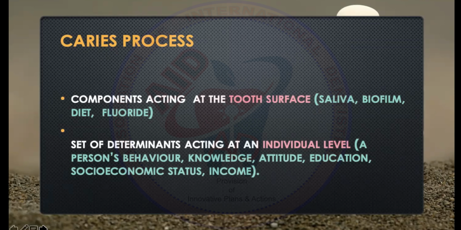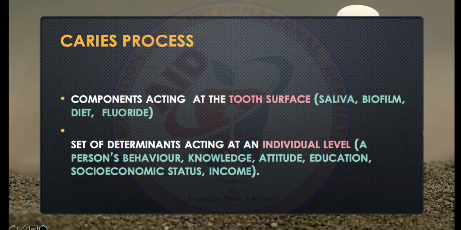For the tooth surface, very importantly, we have saliva, because any deficiency of saliva can lead to decay, since saliva itself has lots of minerals. It has a buffering capacity, it has a cleansing capacity, apart from antibodies and all that. So saliva plays a very, very important role. And biofilm we have already discussed, and diet. If there are more exposures to sugar, the diet is more cariogenic, it leads to decay.